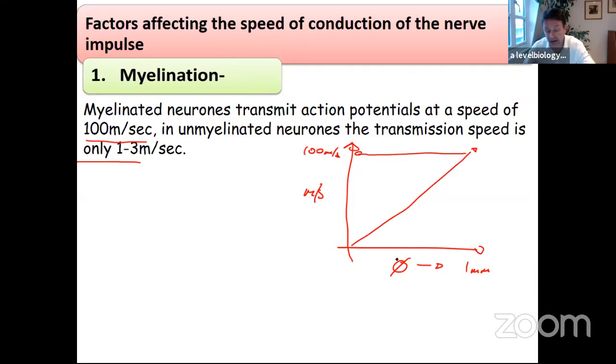That's what we see in the squid axons, which are giant because they're not myelinated. But we have axons that are only about 10 micrometers in diameter, yet we achieve speeds of transmission of around 100 meters per second. And that's because of the effect of myelination.